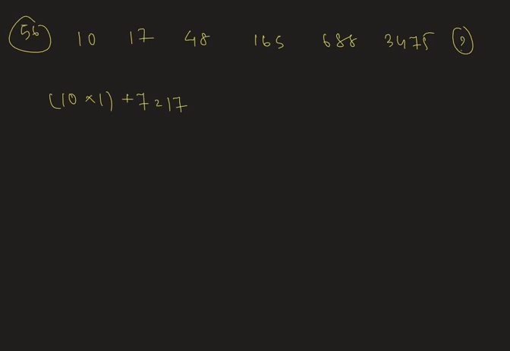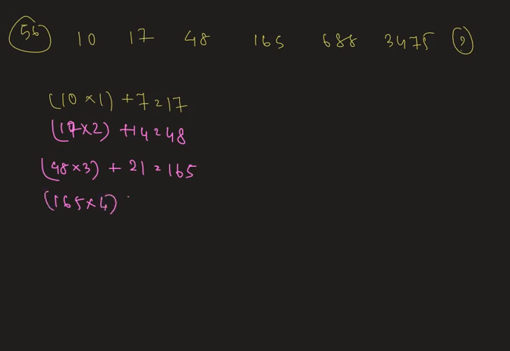If we multiply 2 with 17 then add 14 we get 48. If we multiply 3 then add 21 we get 165. So we already recognize the pattern in this number series. Therefore the next step must be multiplication by 4 and adding 28.